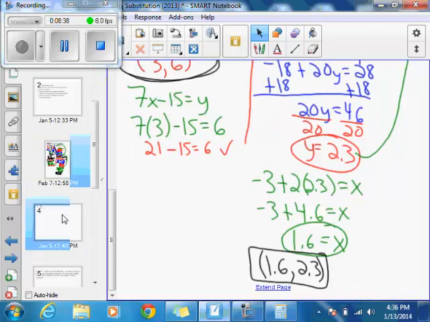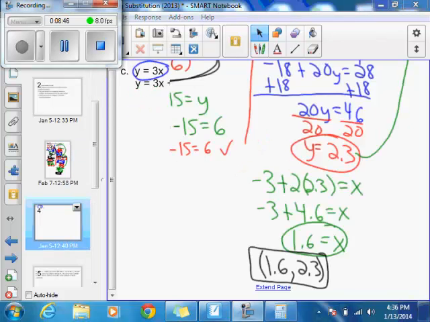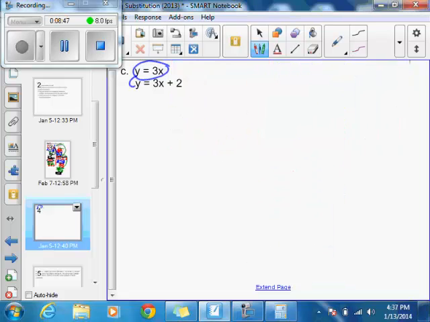Okay, next example. This one you'll notice that in the first equation, y is already by itself. So what we're going to do is replace y in the second equation with 3x. So rewrite the second equation, but instead of y, we're going to replace it with 3x, and then equals, and we're going to write the rest of the equation, 3x plus 2.